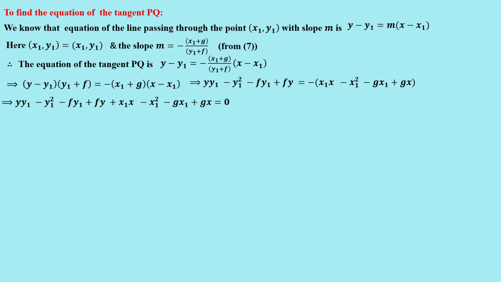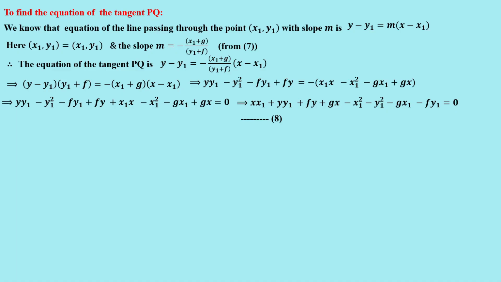So bring all the terms to one side, that is the left hand side. So you will get y y1 minus y1 square minus f y1 plus f y plus x x1 minus x1 square minus g x1 plus g x equal to 0. That is x x1 plus y y1 plus f y plus g x minus x1 square minus y1 square minus g x1 minus f y1 equal to 0.